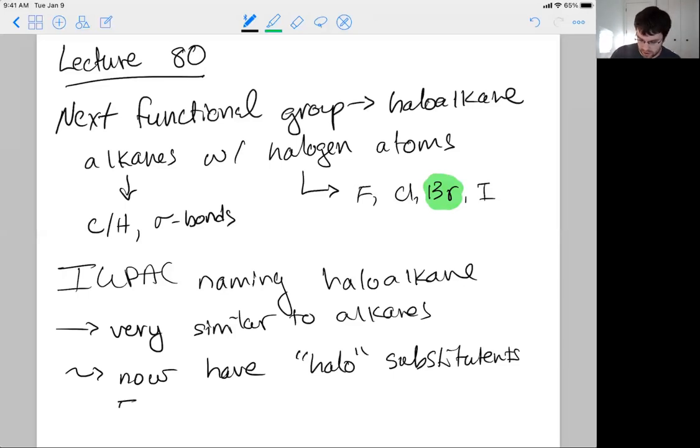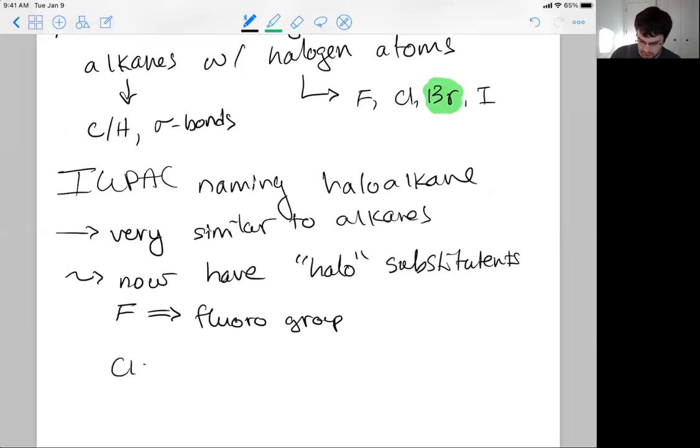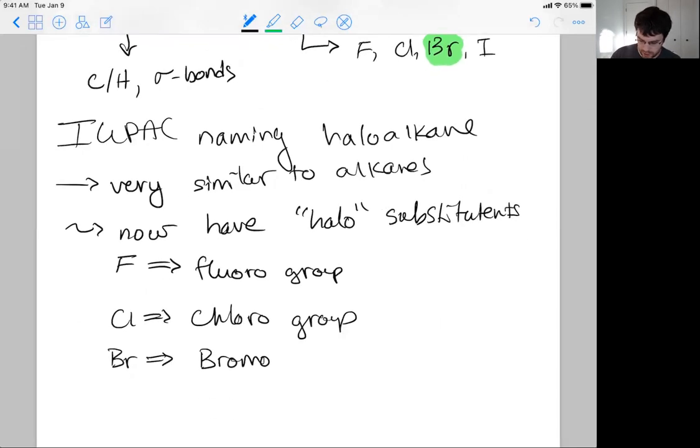And so we could have an F on our parent chain, and that would be a fluoro group. We could have a Cl off the parent chain, and that would be a chloro group. Br would be bromo. And then I for iodine would be iodo. So it's naming molecules like what we have been doing with IUPAC naming, except now we have halogens present.